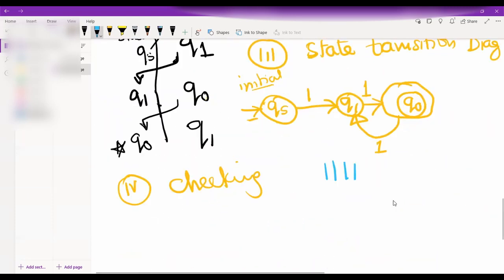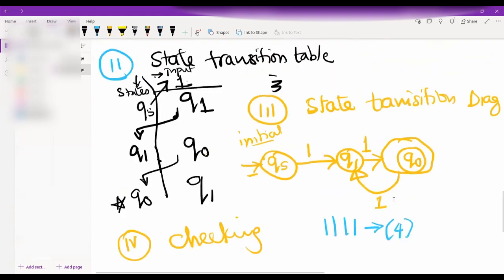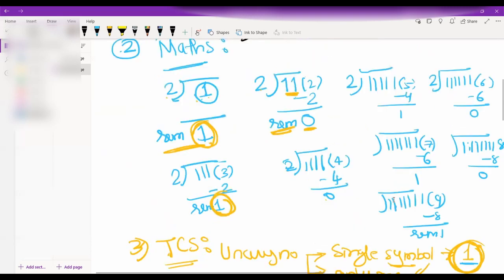First, you have to tell yourself whether the string is accepted or rejected according to the question. Our question is whether the number is divisible by 2. This is nothing but decimal number 4.